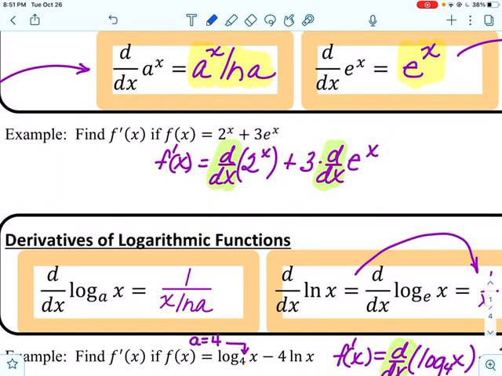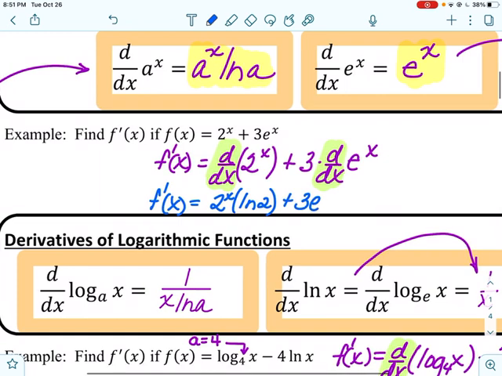So f prime of x is equal to 2 to the x times ln of 2. A is, in this case, 2. And then plus 3 times the derivative of e to the x, which is just 3e to the x. And there we have that.